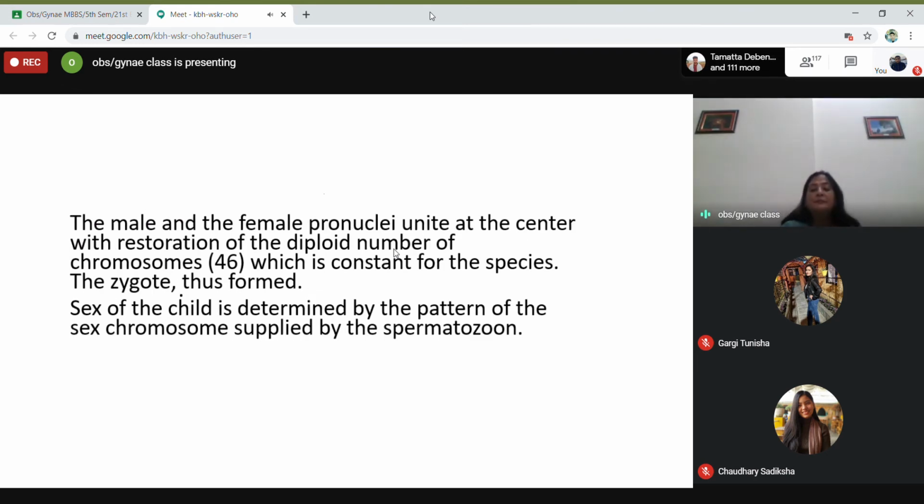The male and female pronuclei unite at the center with restoration of the diploid number of chromosomes, that is 46, which is constant for the species, and the zygote is thus formed. The sex of the child is determined by the pattern of the sex chromosome supplied by the spermatozoa. So sex is always dependent upon the male partner.